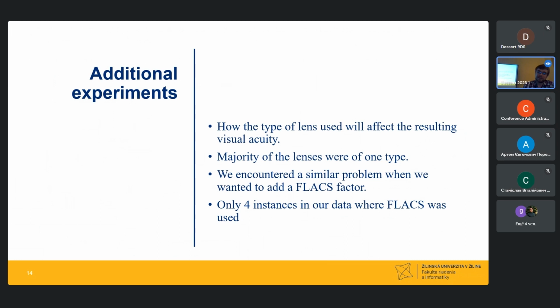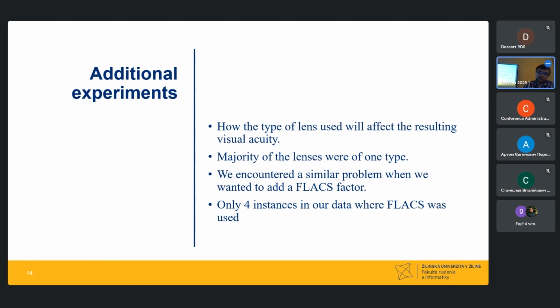And we encountered the same problem when we added another factor, femtosecond cataract surgery, because we have only 4 instances in our data where this type of surgery was used, and that's simply not enough for any reasonable data analysis.